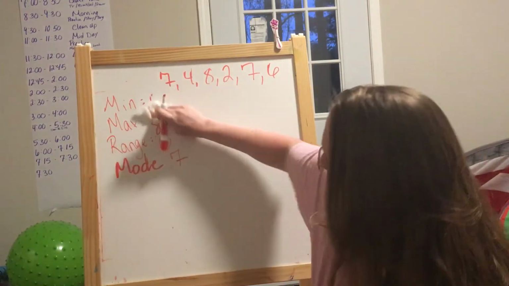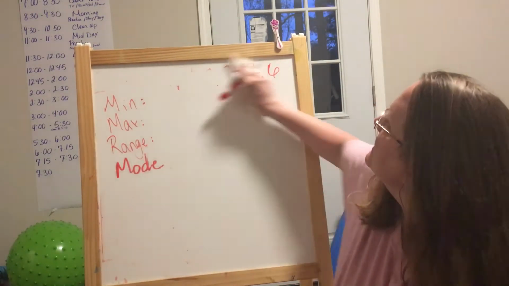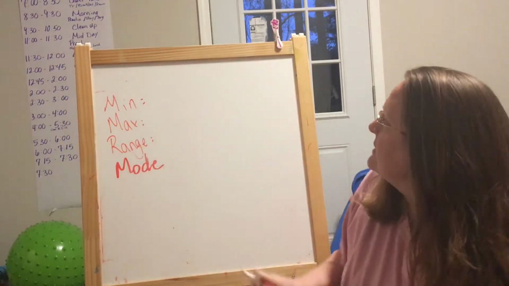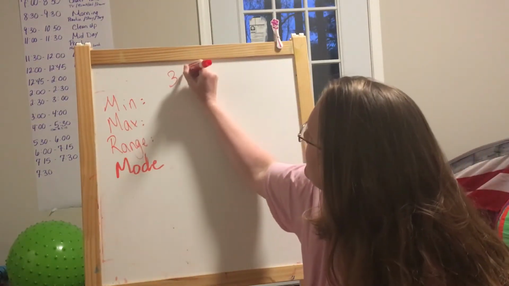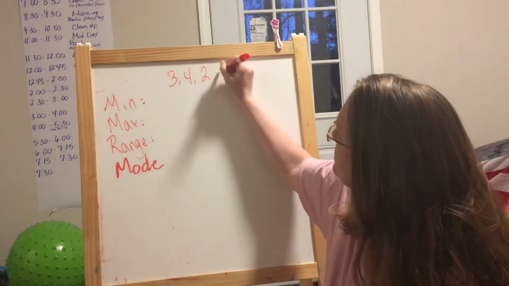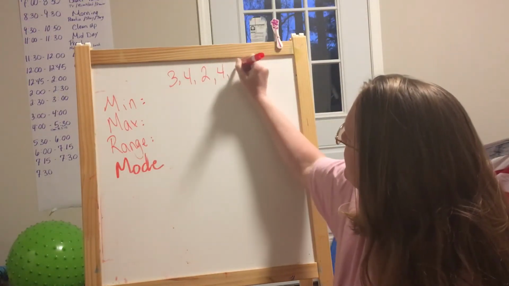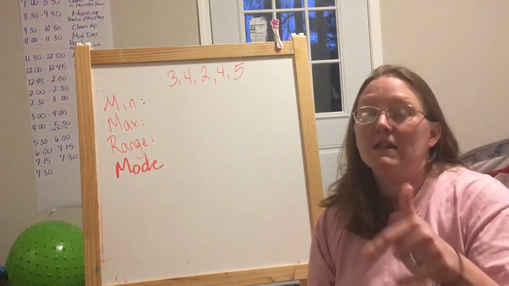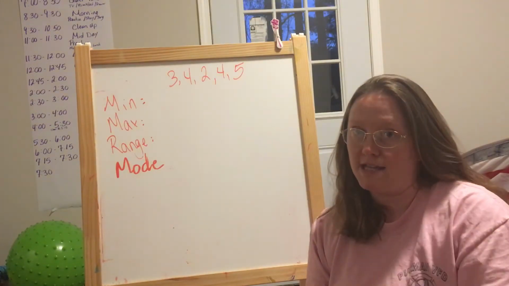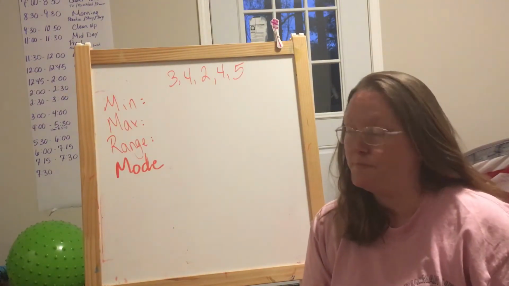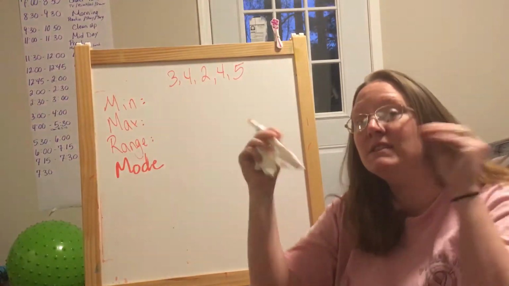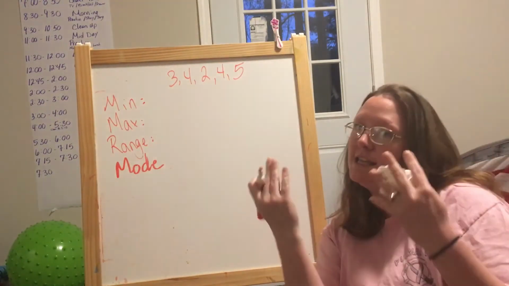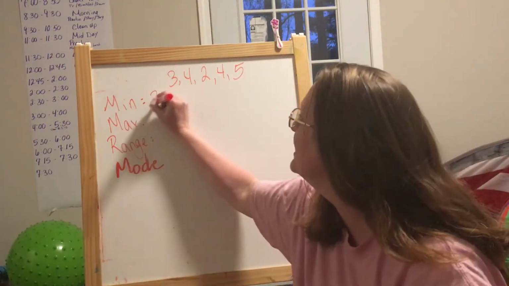Let's do another one before I mix it up on you. Here's your data set: 3, 4, 2, 4, 5. Pause the video. Minimum, maximum, range, mode. Okay, so minimum is the smallest, and our smallest one is 2.